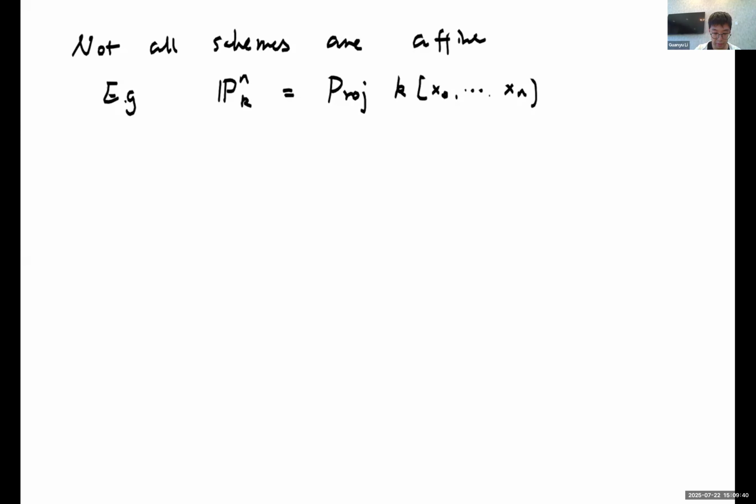Now we have an affine space, let's say this is X, and X is spec of some ring. Then consider all the global sections of X with its structure sheaf.